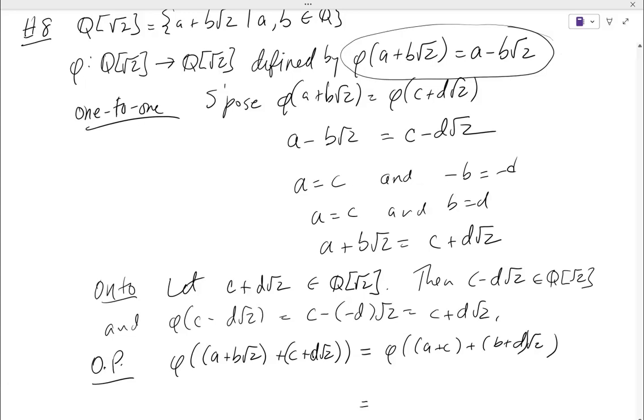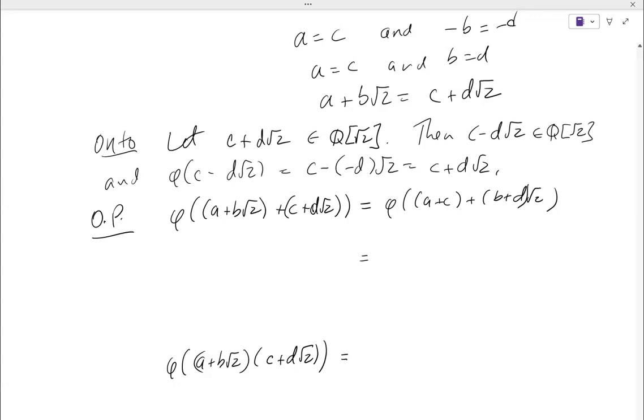Subtracts the whatever times root 2. Yeah, so it just does the conjugate, right? Just flips the sign in the middle. So what is this output going to equal? A plus C minus B plus D root 2. Good.